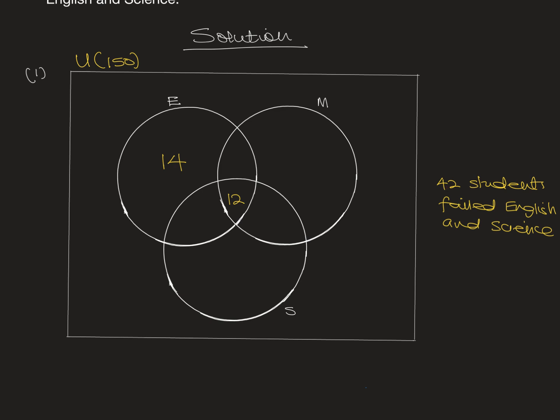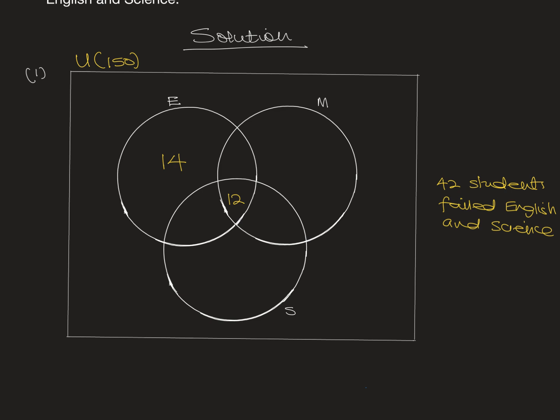If 42 students are the ones who have failed English and science, so what would have been the number of students who have failed English and science only? Remember, those students who have failed all the three subjects have also failed English and science. So which means we can easily say 42 minus 12 to know the number of students who have failed English and science only.